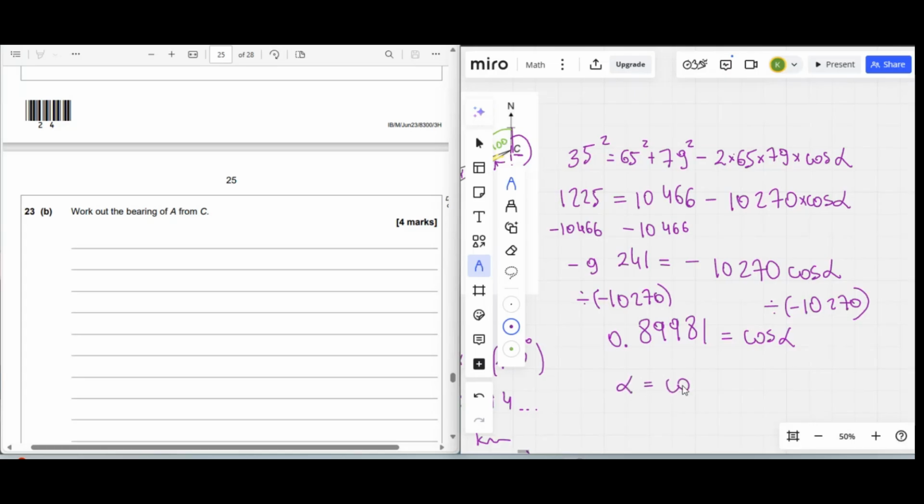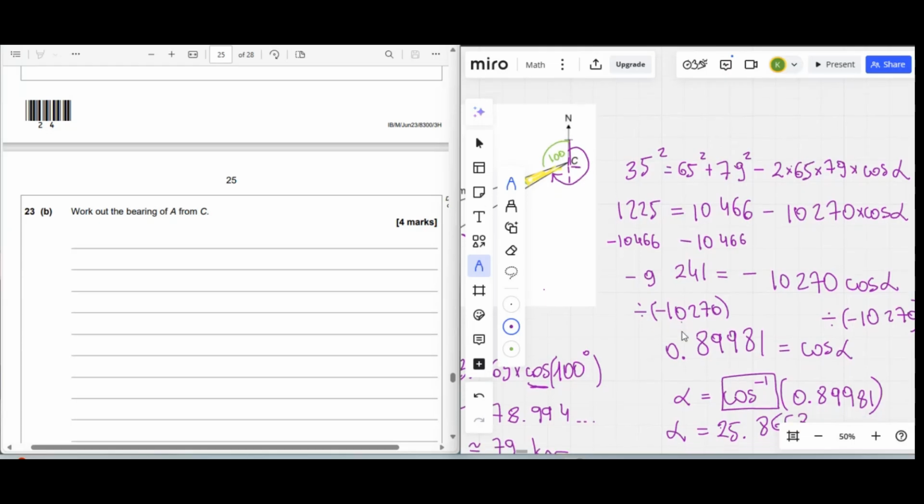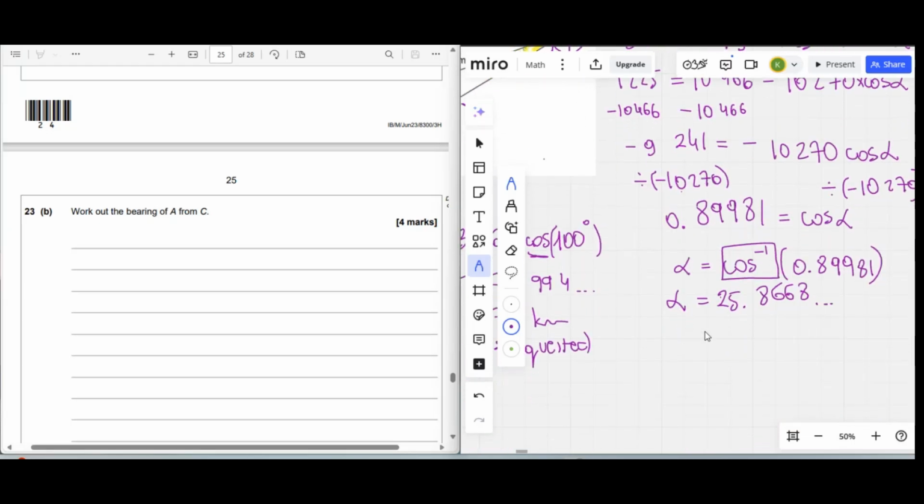So alpha is cosine to the negative 1 of this value. Can you see that on your calculator? Yes, this function, and use parentheses just as a precaution. Alpha is 25.866896. So we can say that alpha is close to 26 degrees.